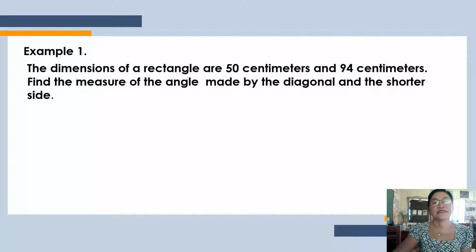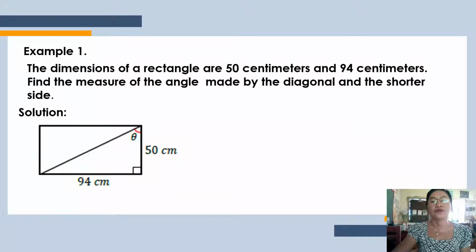Sample number 1. The dimensions of a rectangle are 50 centimeters and 94 centimeters. Find the measure of the angle made by the diagonal and the shorter side. First step that we are going to do is illustrate the problem. After illustrating the problem, we are going to represent the unknown and the given.